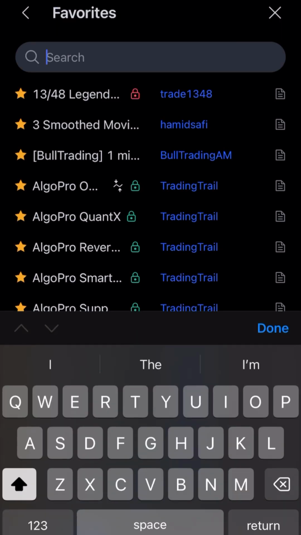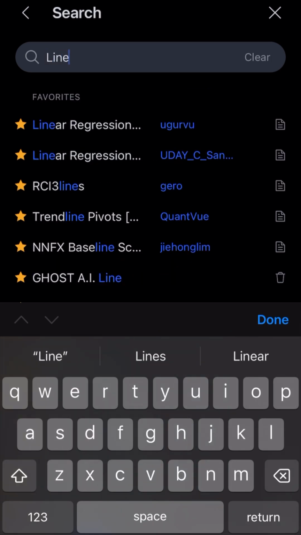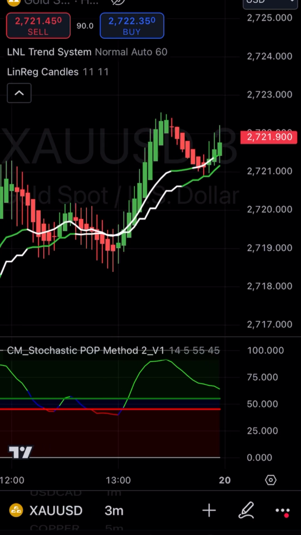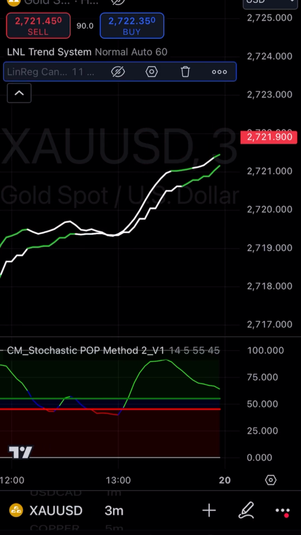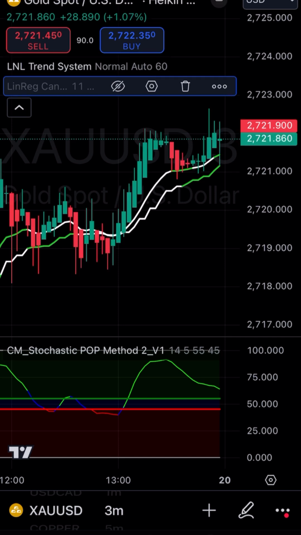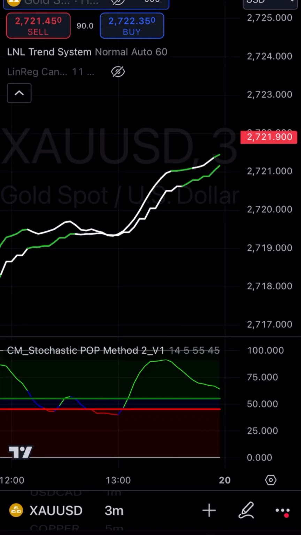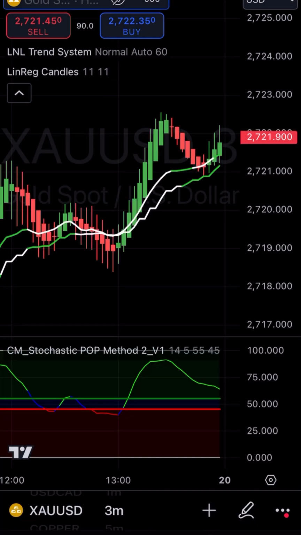Go to linear regression candle, it's the first one up here, and once you have it, you'll want to hide your regular candles, because this makes it a lot easier to understand the direction of what everything's doing.